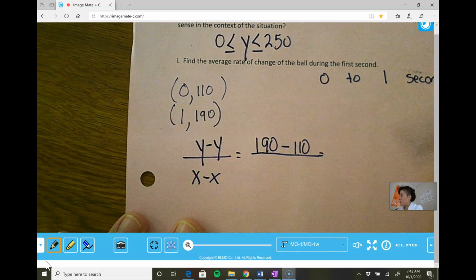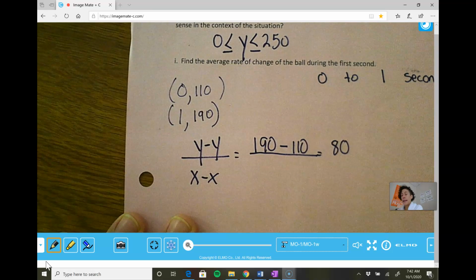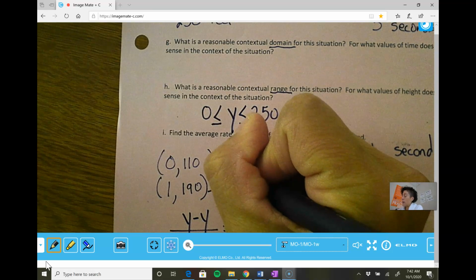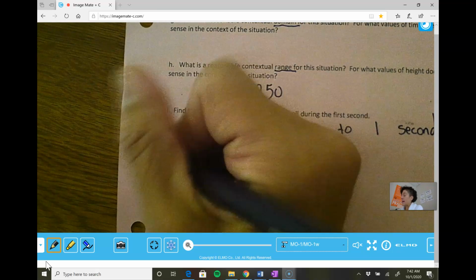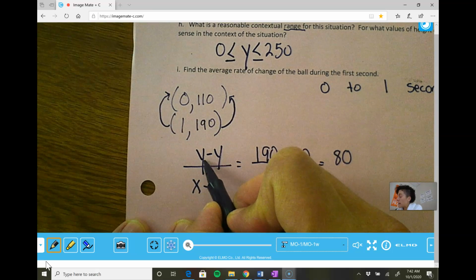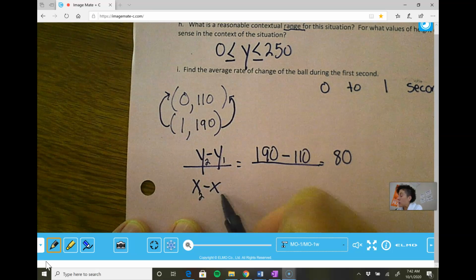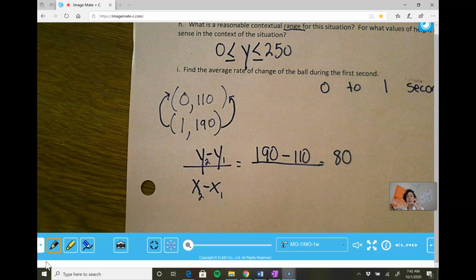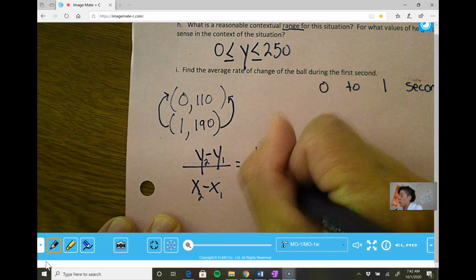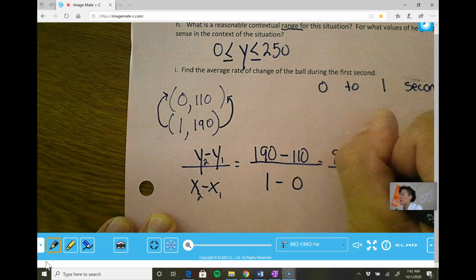If I subtract those, you can use a calculator here, that's 80. But now I'm going to have to realize, since I subtracted 190 minus 110, I'll have to do this the same way. That's why you see these little 2's and 1's here. That is saying, make sure you subtract the same way. So I'll take 1 minus 0, which is 1.